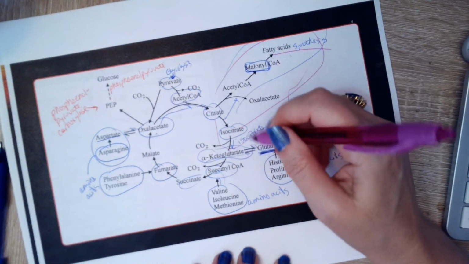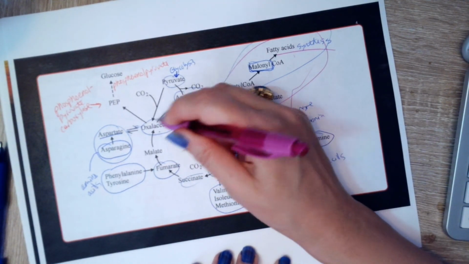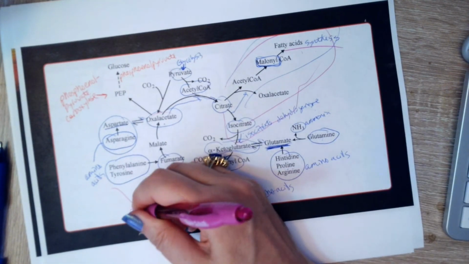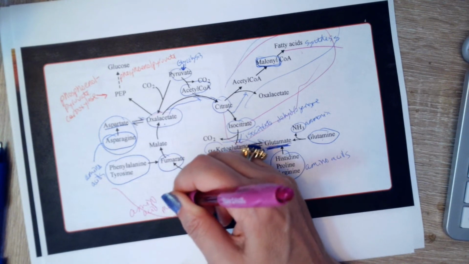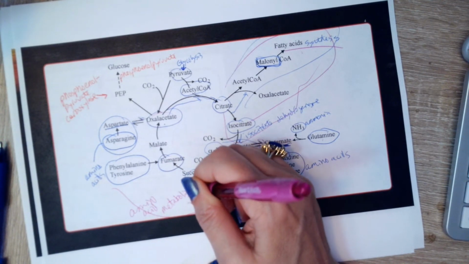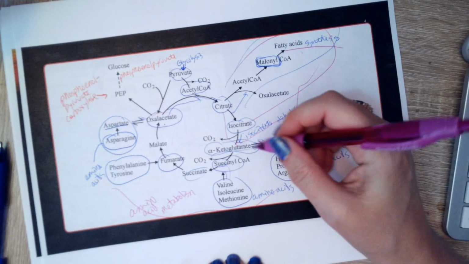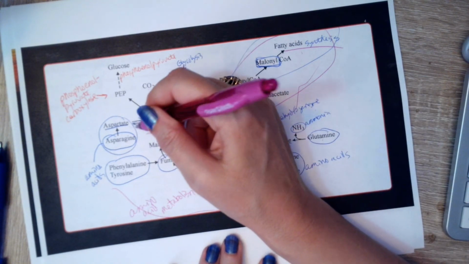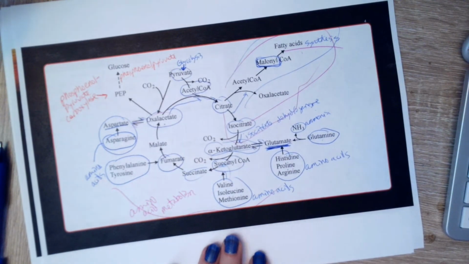When we start to hit alpha ketoglutarate and go all the way over to oxaloacetate, the rest of this is going to be amino acid metabolism, whether we're heading into the Krebs cycle over here, or going in either direction, in or out, as we have over here at alpha ketoglutarate or over here at oxaloacetate.